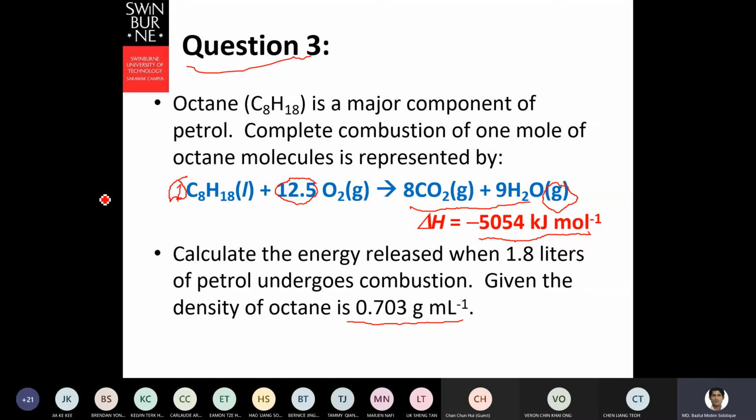Imagine how many cars are on the road and how much oxygen it needs to burn every day. All right, so we come back to our problem: 1.8 liters of petrol undergoes combustion. How much energy can we find from this 1.8 liters of petrol?